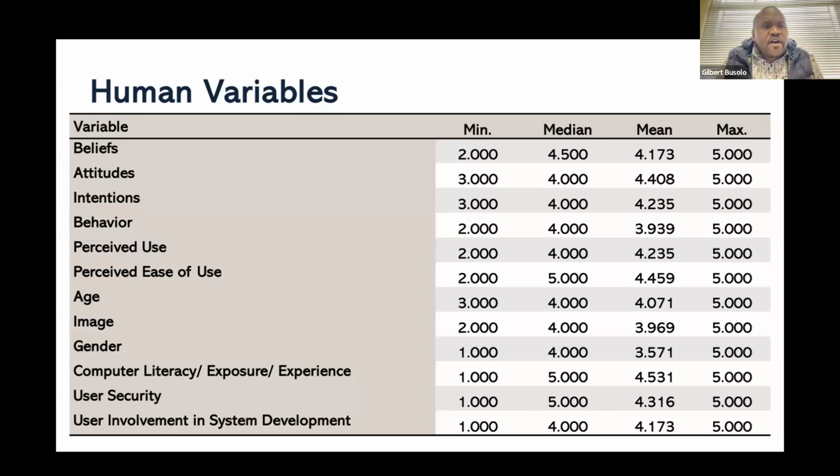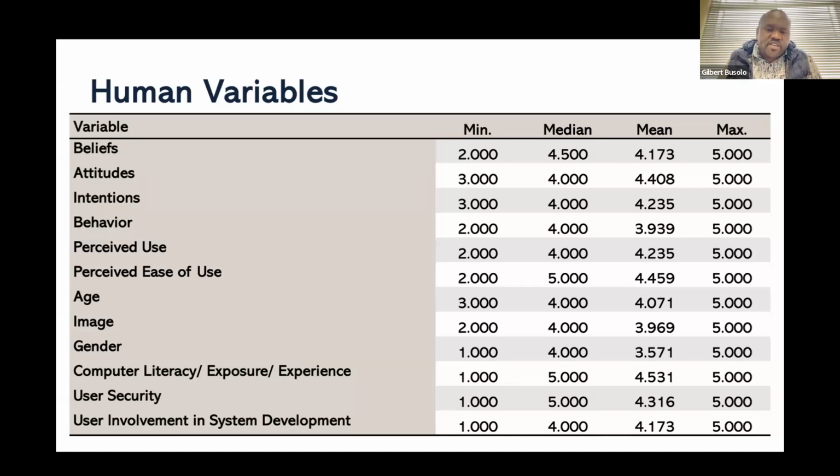When users feel that this system will help me do my work, will help me meet the goals, will solve a certain problem, will just help me deliver better, it is a strong factor that came out. Also, something else I may mention is user involvement in system development also came out very strongly, where users accept more.